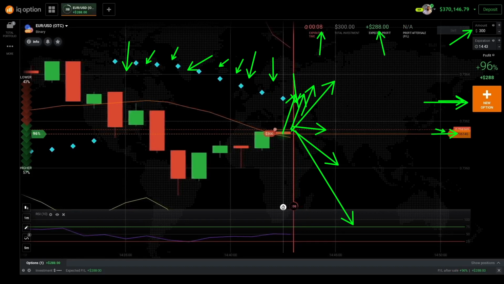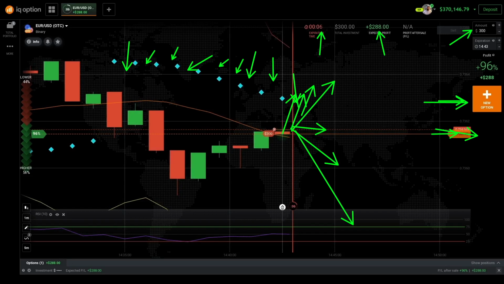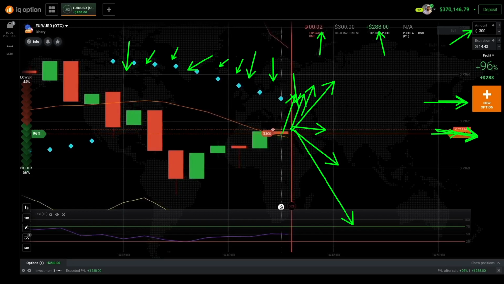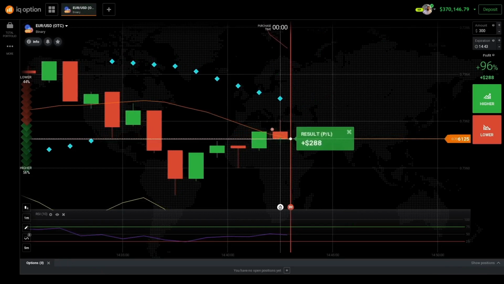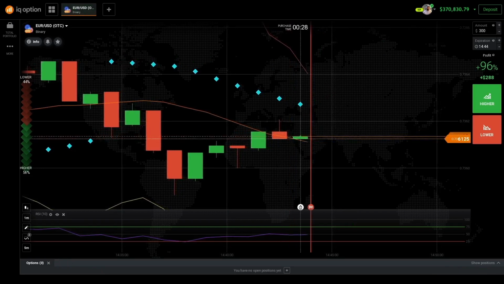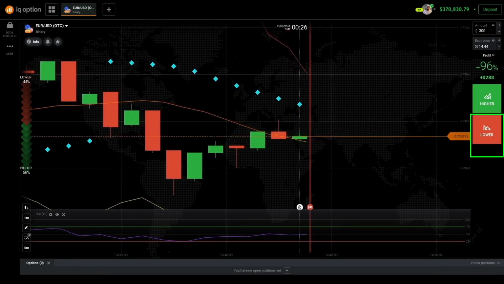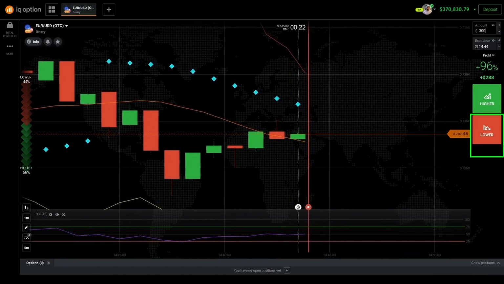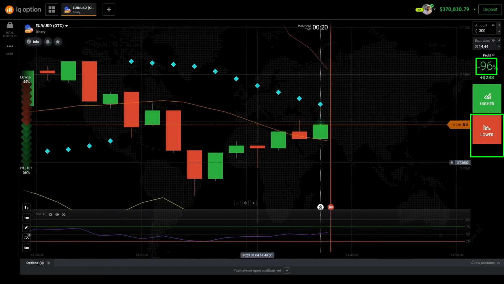In the other case, if I predict that the market is going down, I click sell. The icon will come back by the end of this trade. So in this case, I click sell, and I will make 86% profit, right?